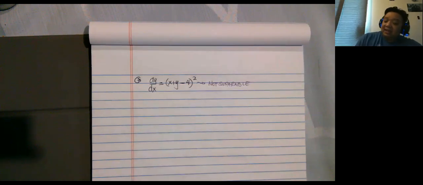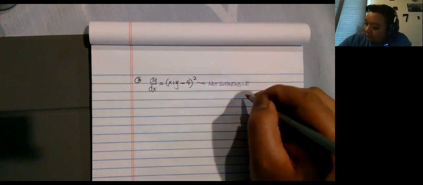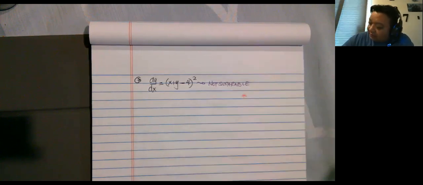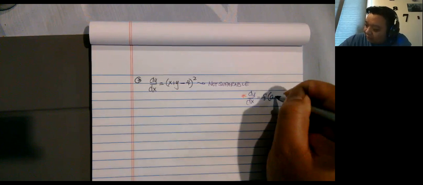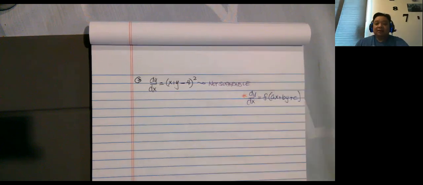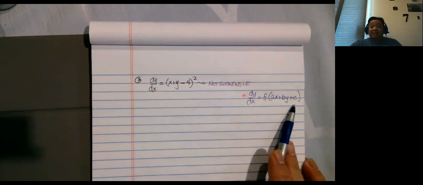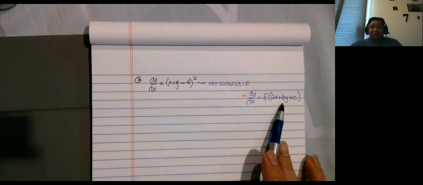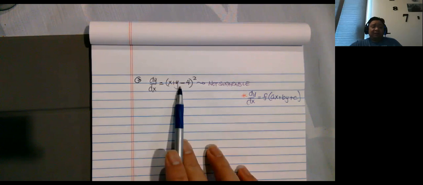However, it is of the form dy/dx equal to a function involving a linear expression. It involves an ax plus by plus c, a linear expression inside another function.